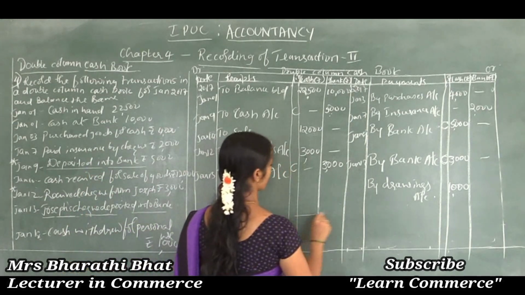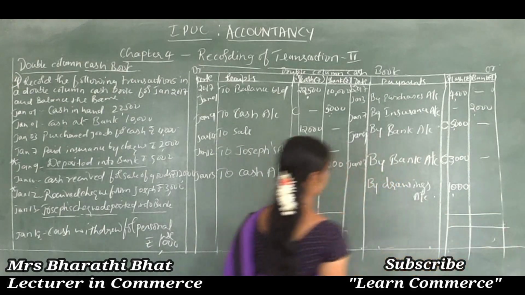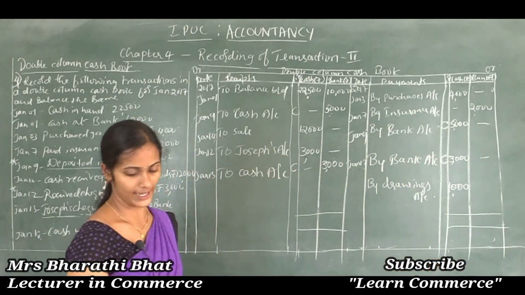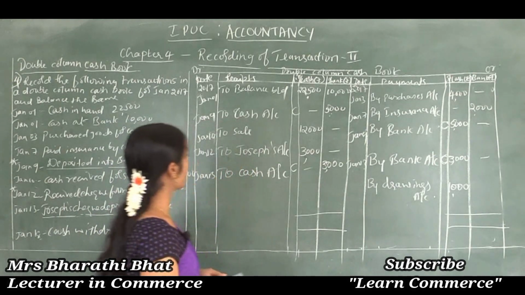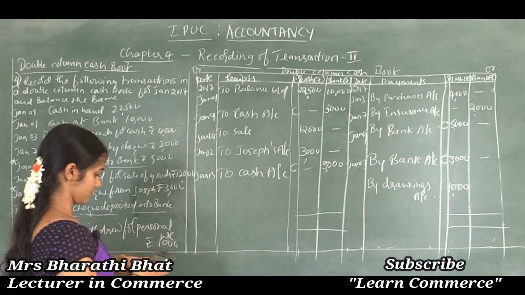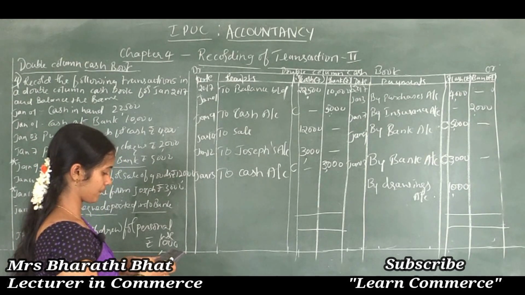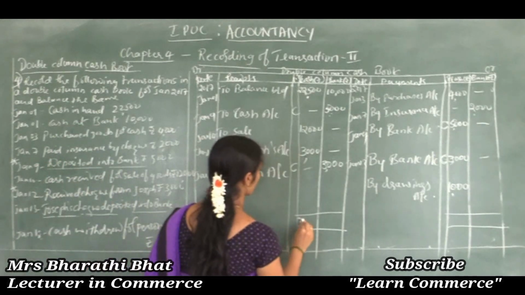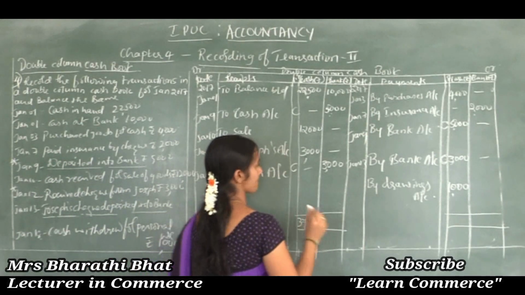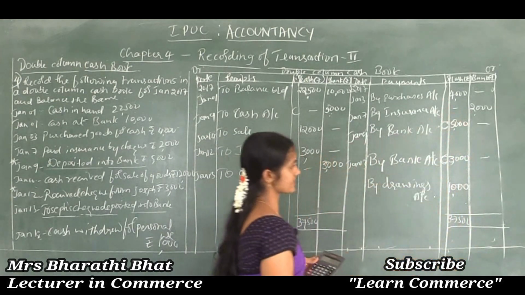Now the next step: we have covered all the transactions, so we total the account. Here 22,500 plus 12,000 plus 3,000 is 37,500. Both sides 37,500. This side shows a lesser value, right?